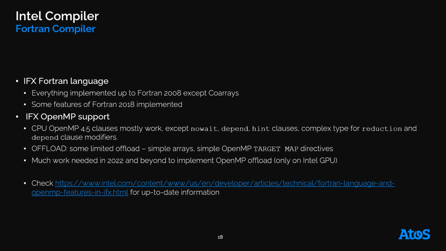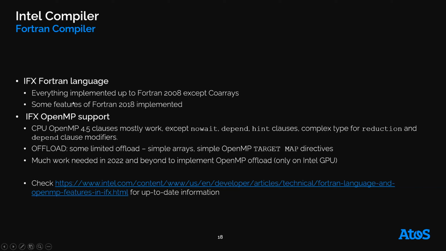Okay, here is this. I said that there's quite big changes between minor updates of these new Intel compilers. What it supports now is everything up to Fortran 2008, except co-arrays, and some features of 2018 are implemented.